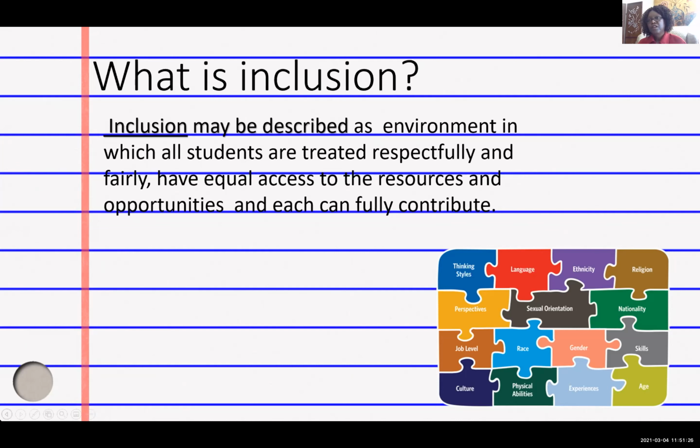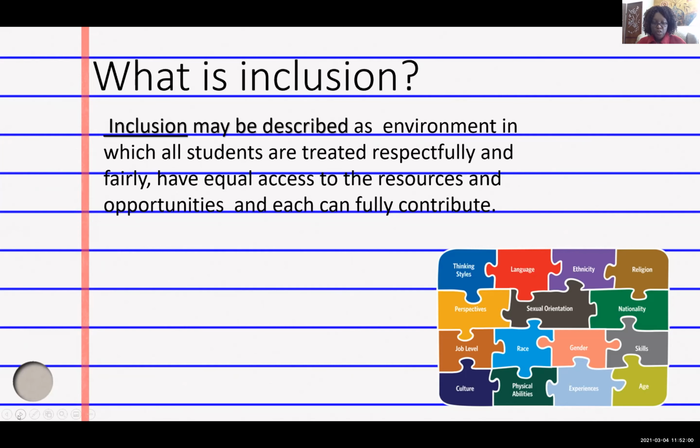Do we see just one person of diverse orientation within multiple pages? You have to go 20 pages before you see that. So we have an opportunity here to make sure that there is total inclusion, which brings the respect and fairness and equal access, and of course, opportunities that we can fully contribute.